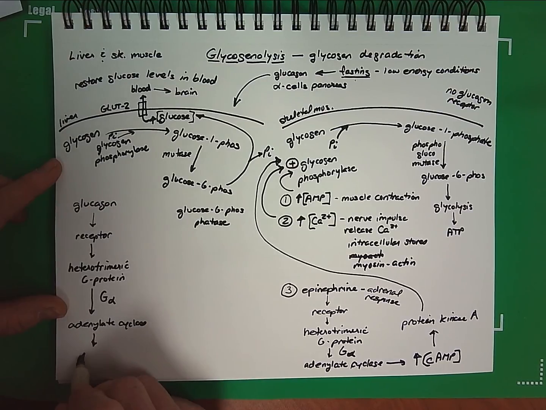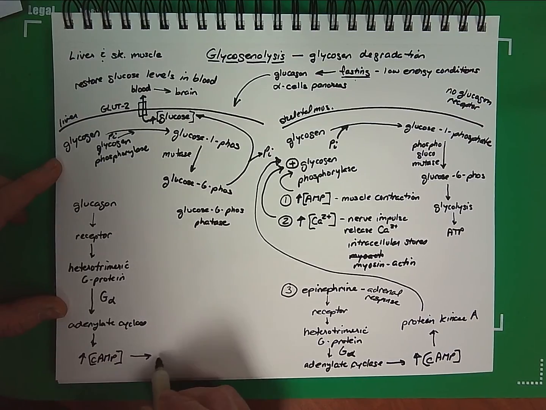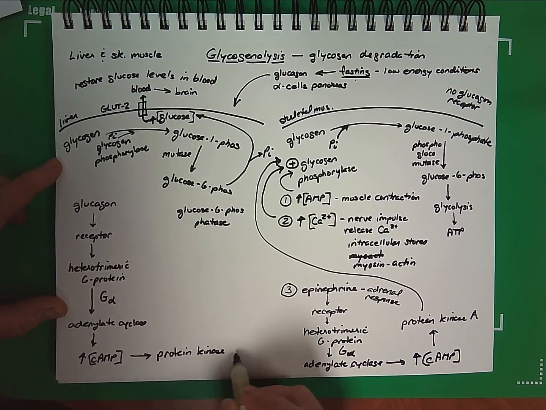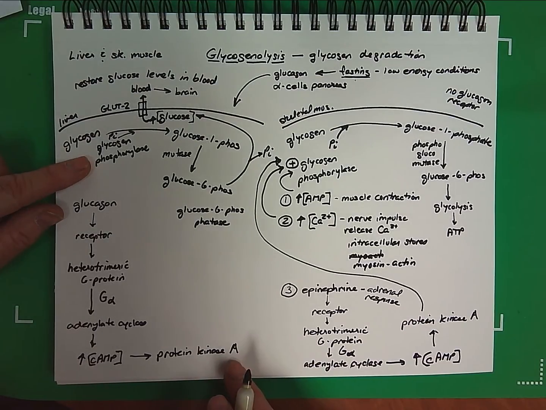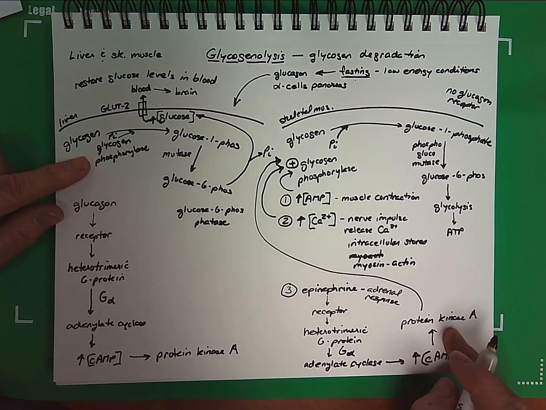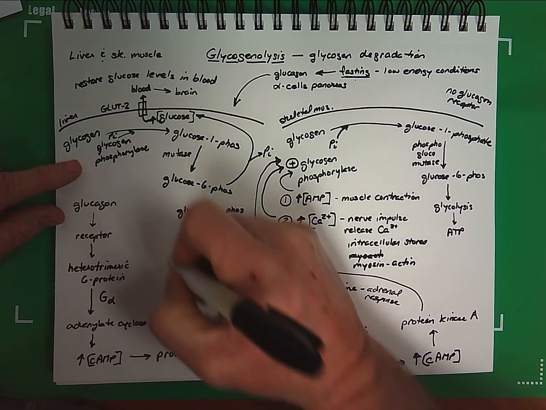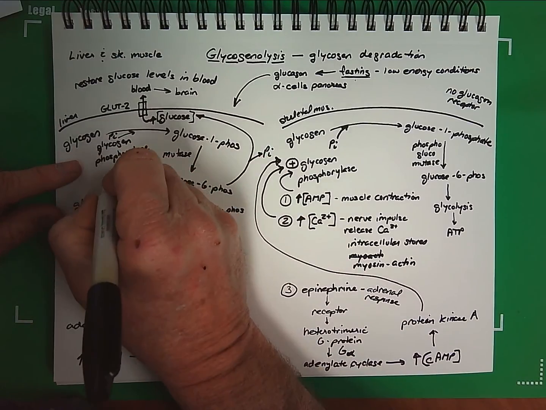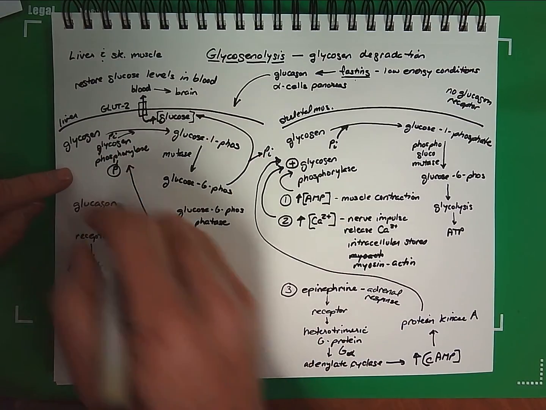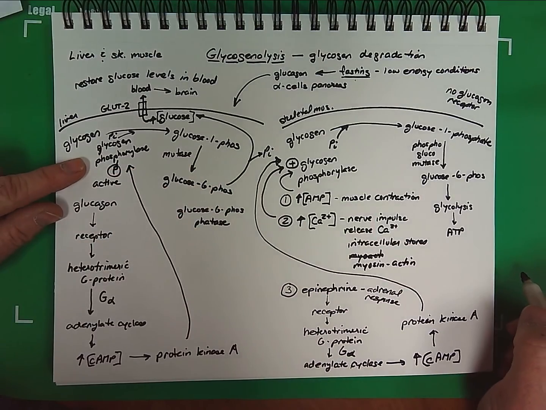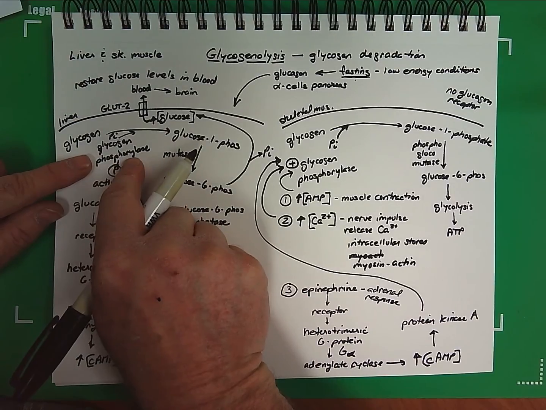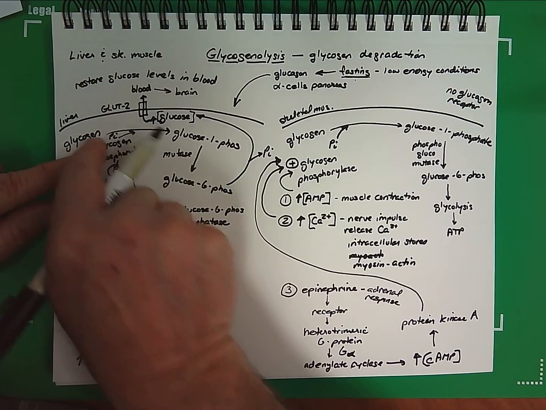Adenylate cyclase increases the concentration of cyclic AMP, and cyclic AMP then activates protein kinase A. And you already know what happens with protein kinase A because it's the same event that happens in skeletal muscle. Protein kinase A will phosphorylate glycogen phosphorylase, so it is becoming active. Glycogen phosphorylase activity then releases the glucose from the glycogen stores.